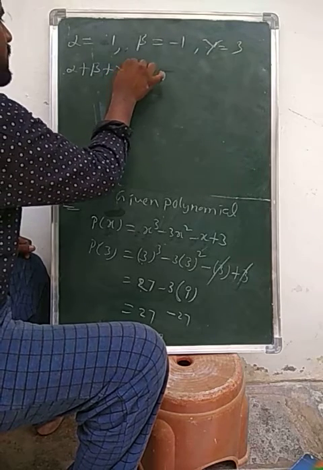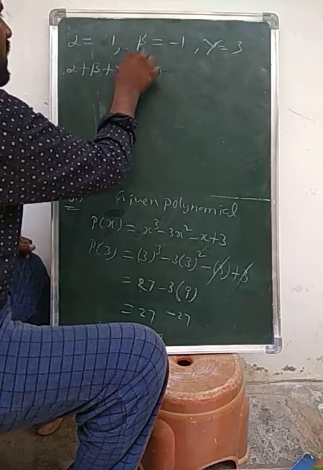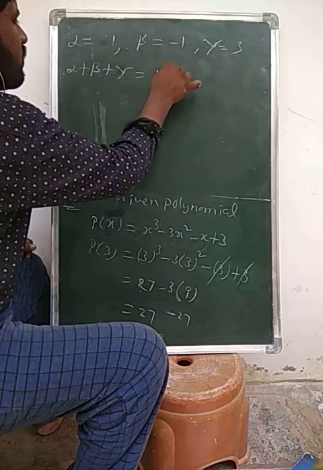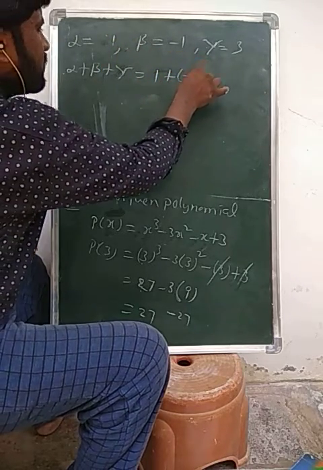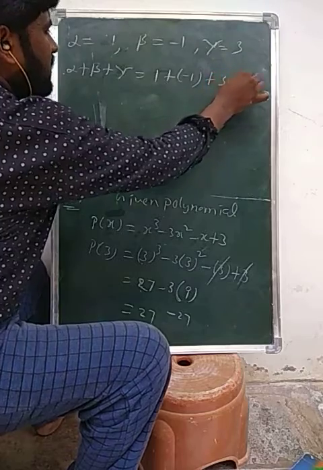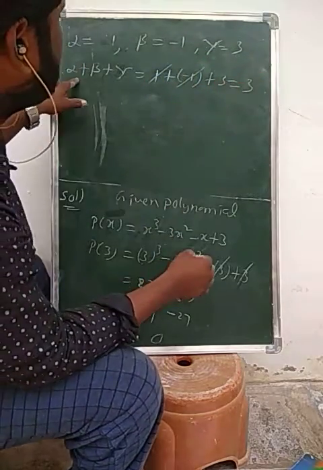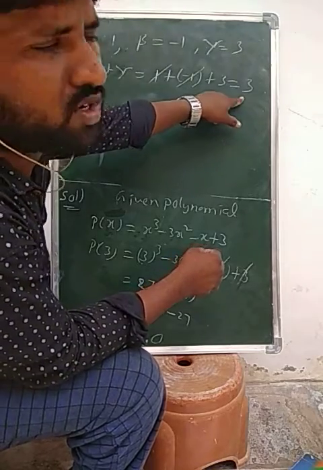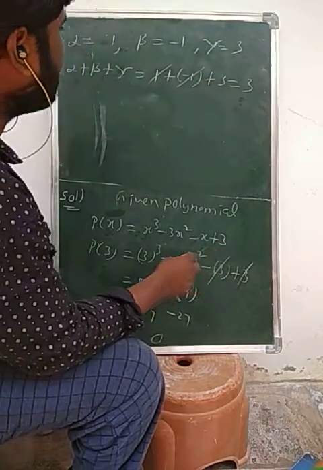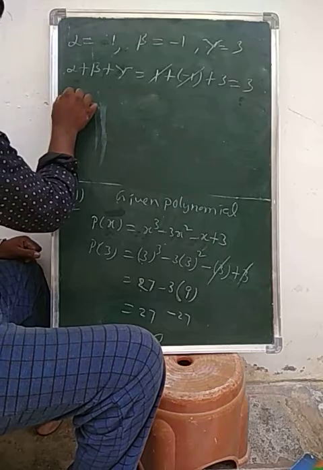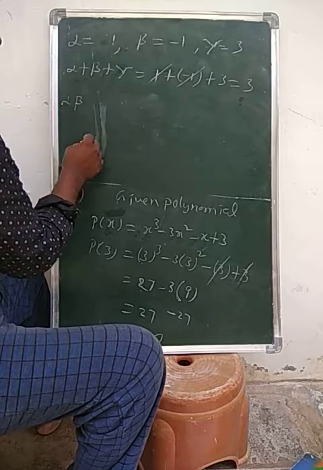Alpha means 1, plus beta means minus 1, plus gamma means 3. Minus 1 plus 1 cancel, so the sum of the zeros of the polynomial is 3.